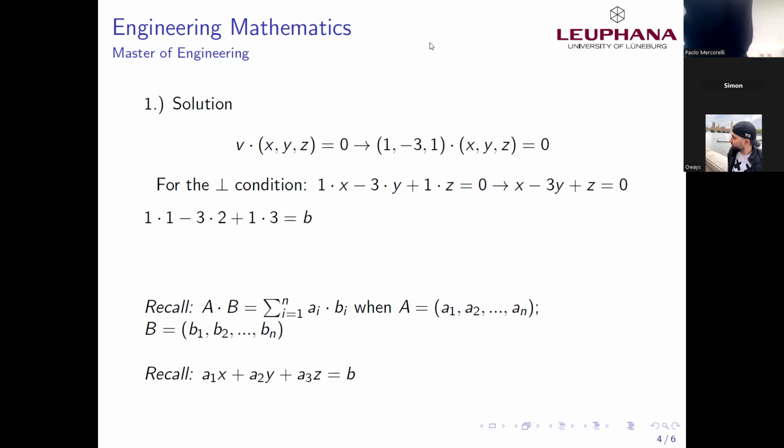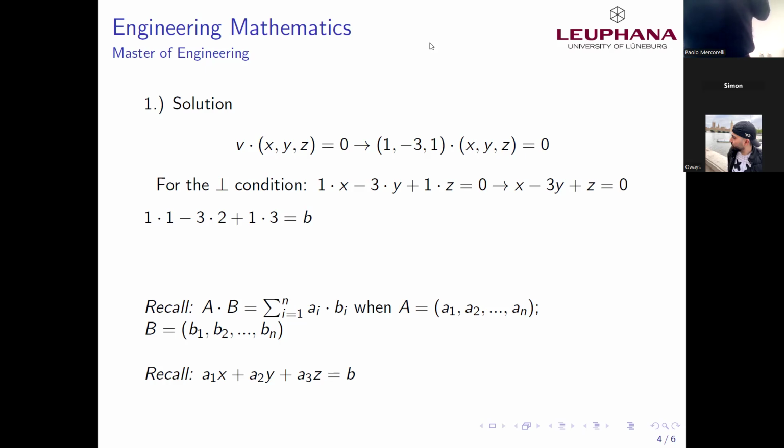I mean, (x, y, z) must belong to the plane. Did you agree? V scalar (x, y, z), which must belong to the plane, must be equal to 0.